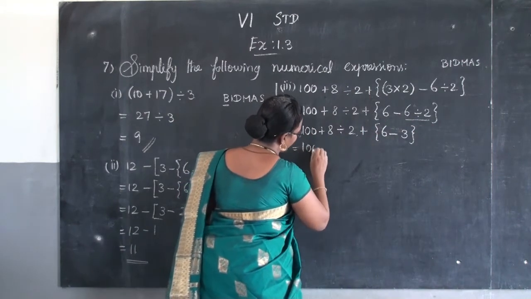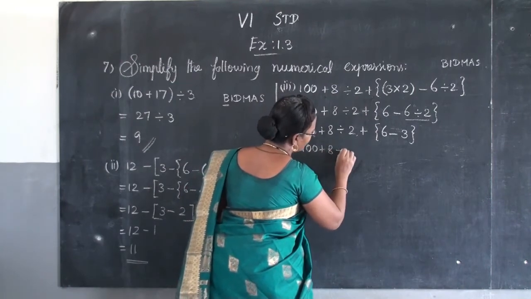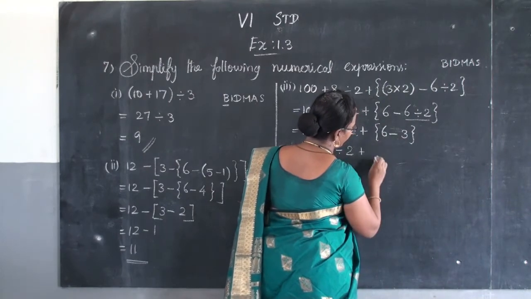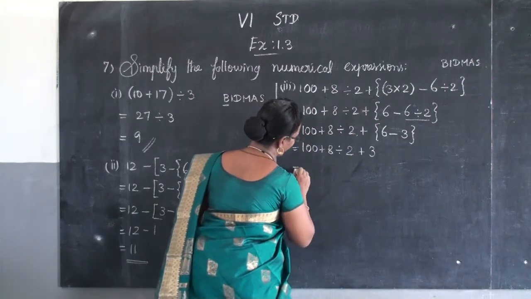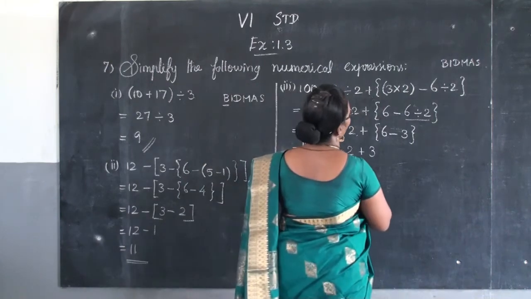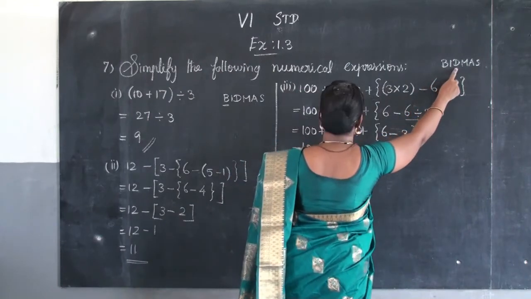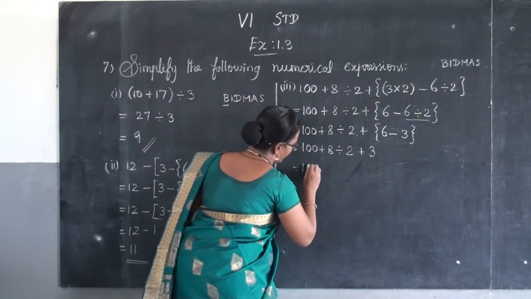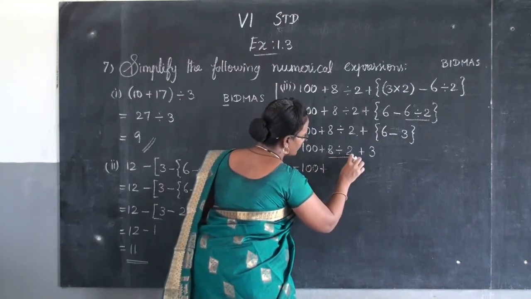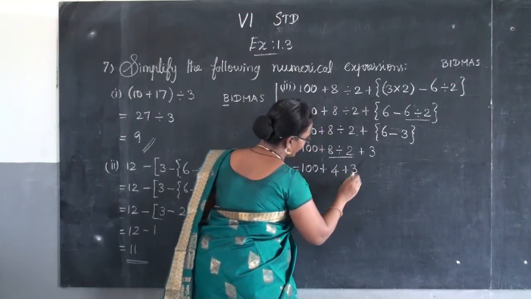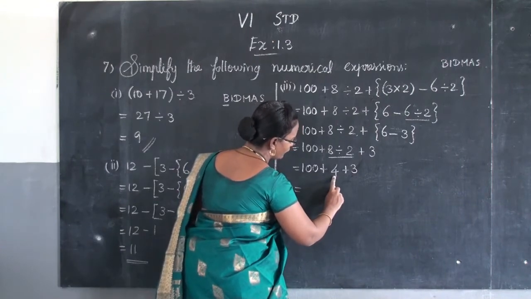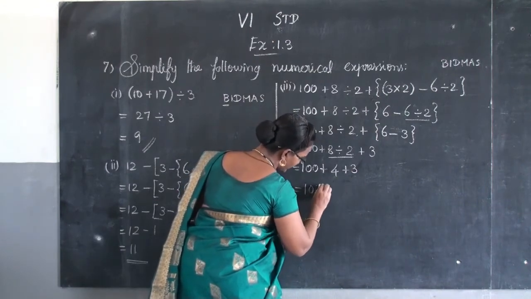And then next step, inside the bracket 6 minus 3, so we get 3. Now plus, division, plus, so which one do we have to solve? Division first and then only addition. So 100 plus, 8 divided by 2 we get 4, plus 3. Here addition only in the sum. So 100 plus 4, 104 plus 3, 107.